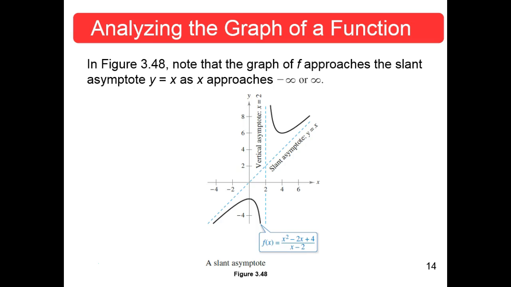Now, we're in Chapter 3, Applications of Differentiation, Section 3.6, Summary of Curve Sketching. We're at example 3, which is the top of page 212. Any questions on anything we've done up till now? Okay.